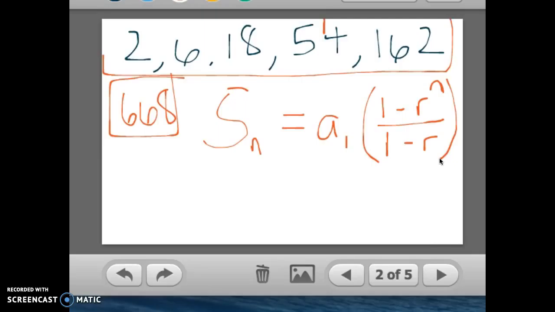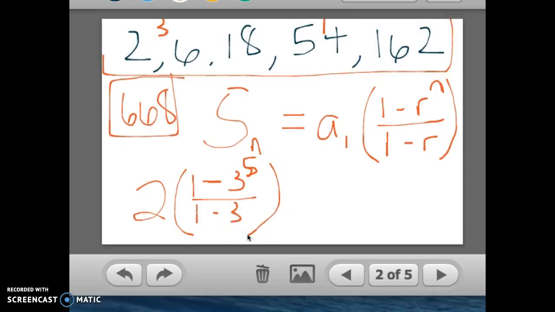So in this case, we want to find the sum of the 5 numbers of the sequence. It's the first term, a, times 1 minus r to the 5th power. Well, r is 3, so 1 minus 3 to the 5th power over 1 minus 3. Now 3 to the 5th power is 243.